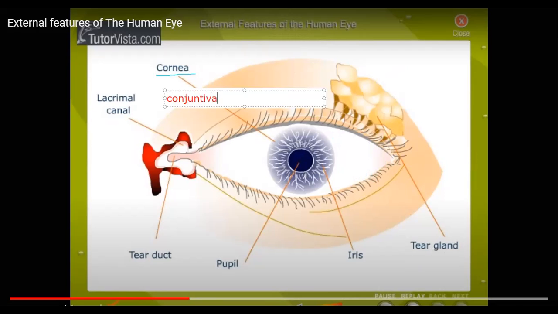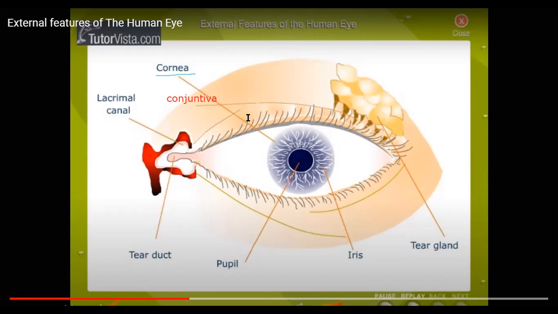This conjunctiva is a layer present in front of the cornea, and it is mainly covering. This is a very transparent layer, because of that the light can enter. You will not be able to understand that the conjunctiva is there, but it is a very, very thin membrane.